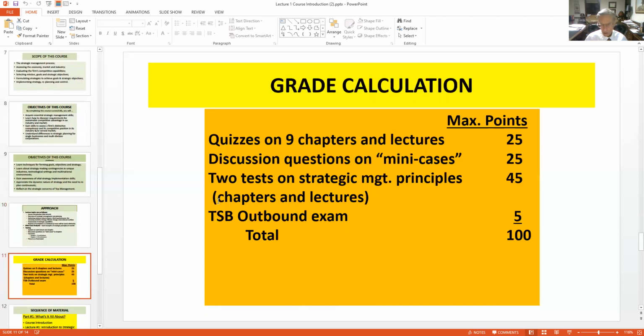So your grade will be calculated based on those items that I just mentioned: the mini cases, the quizzes on chapters and lectures, the 2 tests. The first test is worth 20 points, the second 25, and the outbound exam.